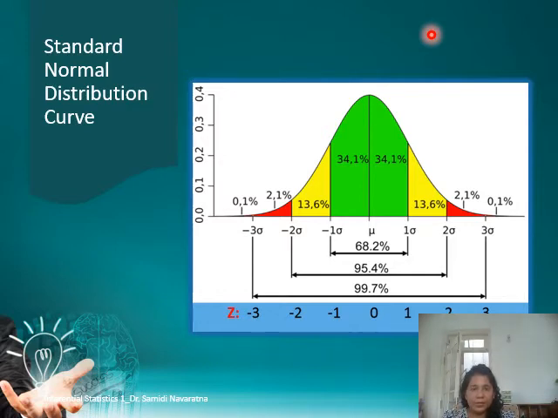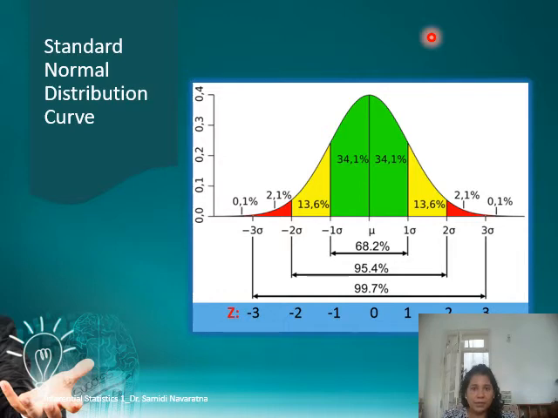And the standard normal distribution is also known as the Z distribution, and it's a special normal distribution where the mean is 0 and the standard deviation is 1. So it's a probability distribution, and therefore the area under the curve is 1, or if you give it as a percentage, it would be 100%.